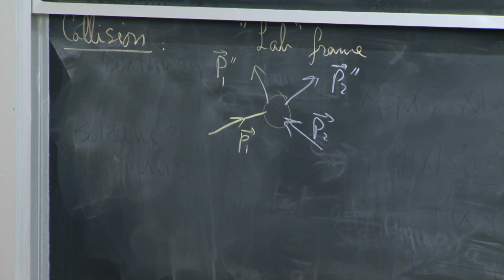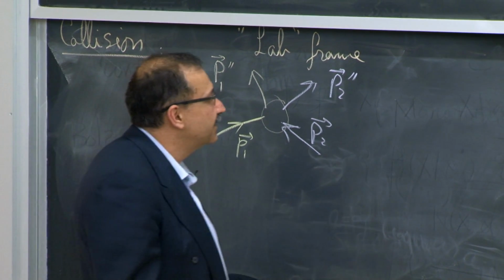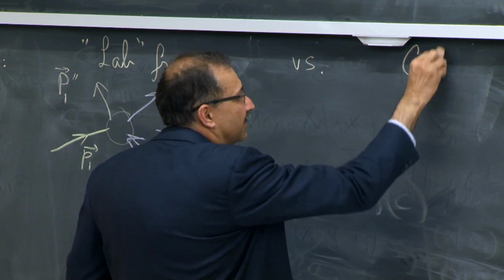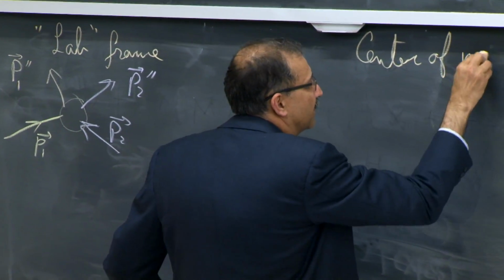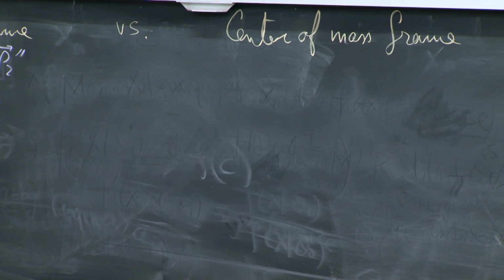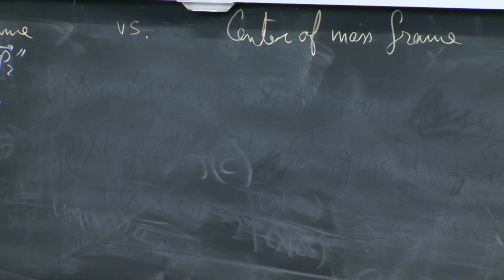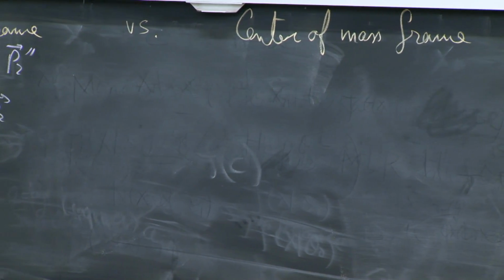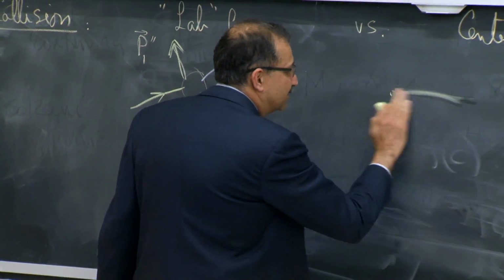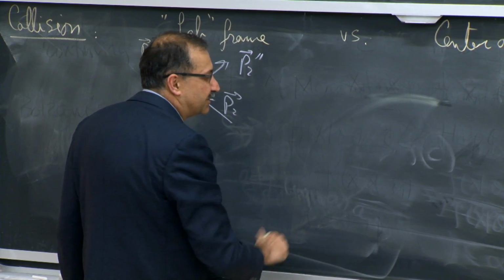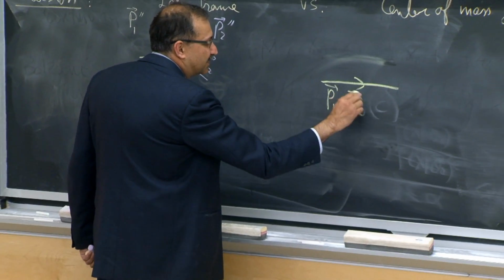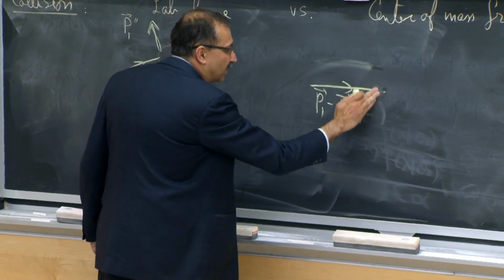Now, we will find it useful to also look at the same thing in the center of mass frame. Now, in the center of mass frame, my particle P1 is coming with a momentum that is shifted by the P of center of mass, which is really P1 plus P2 over 2.